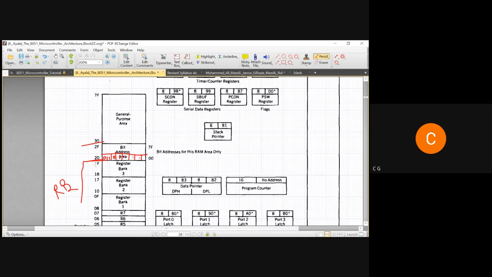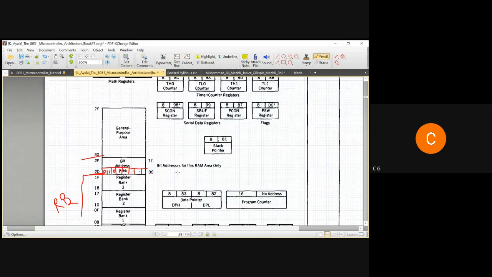That much fine tuning of instruction is done that you can now change 0 to 1, 1 to 0. It is like the program status word, which tells us whether auxiliary carry or sign is generated. In the same fashion, you can address all these bits. So this is the bit addressable area.